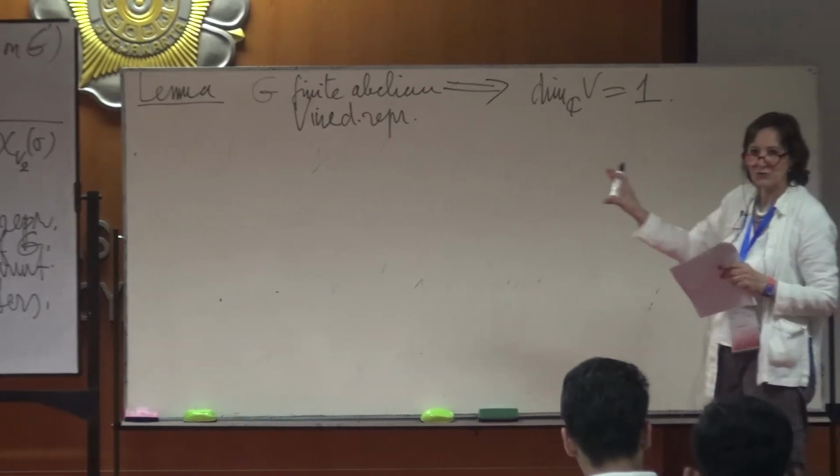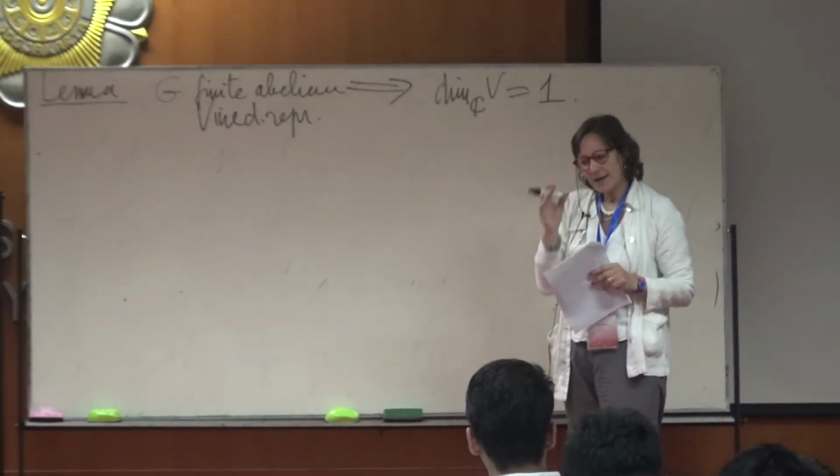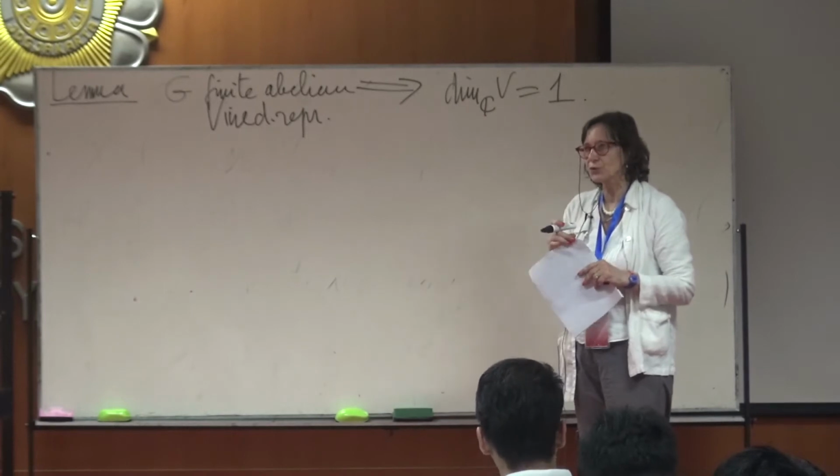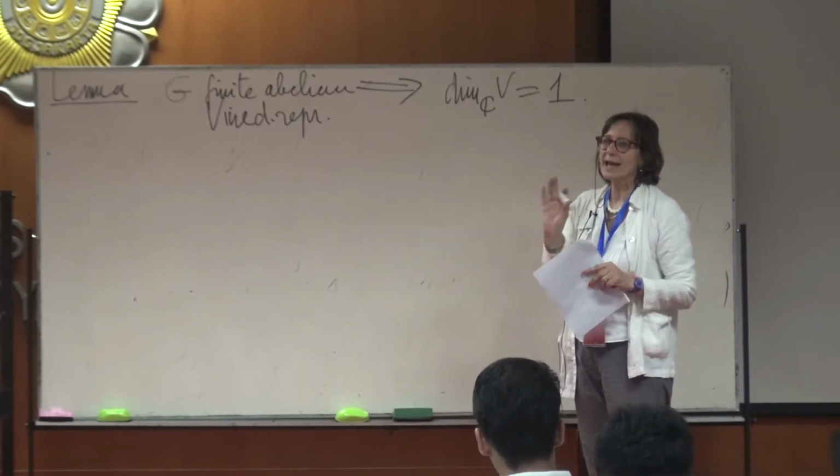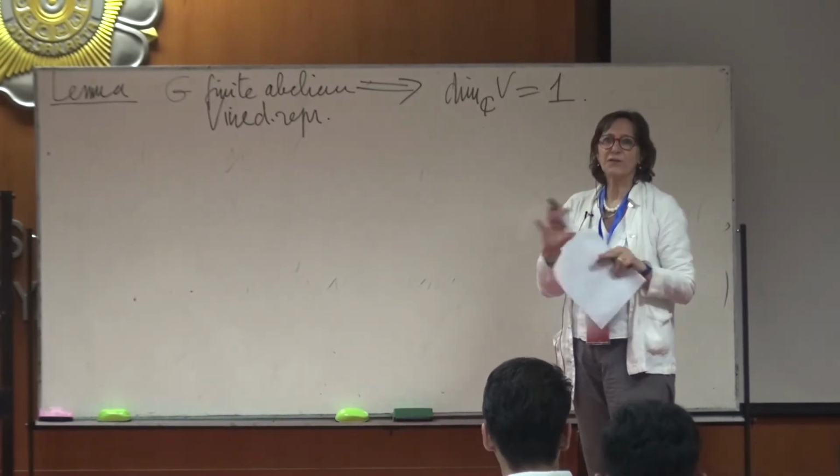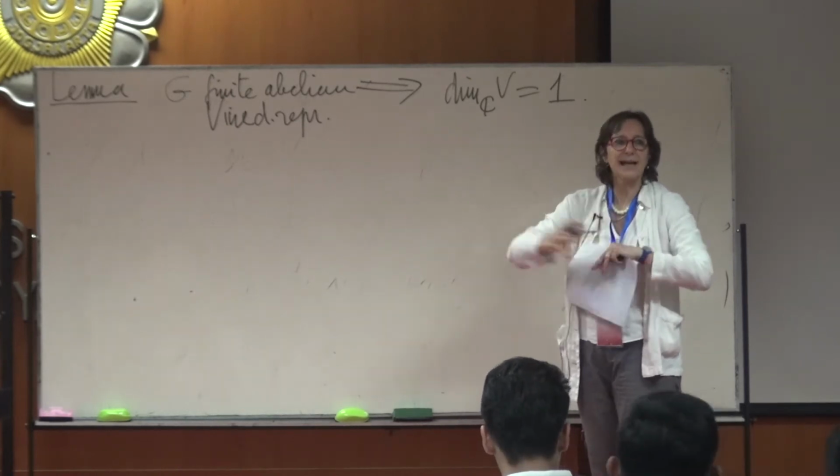It's a short proof, so we do it. What are we going to show? We are going to show that every element of G acts on V by scalar multiplication.